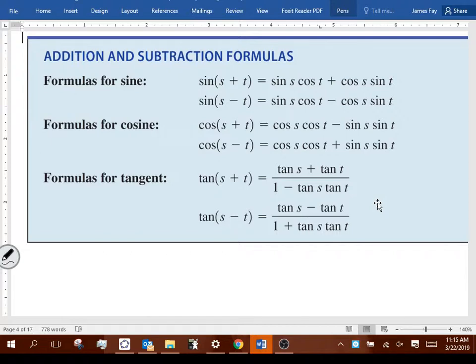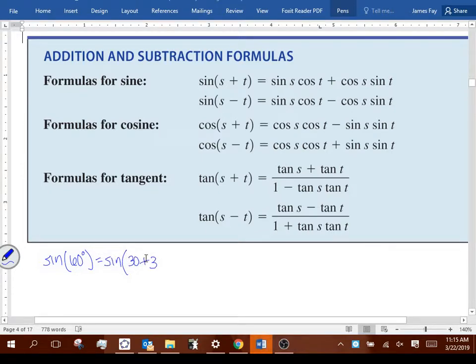So let's do one that we are pretty comfortable with. Let's do sine of 60 degrees. Do we know that that is sine of 30 plus 30?